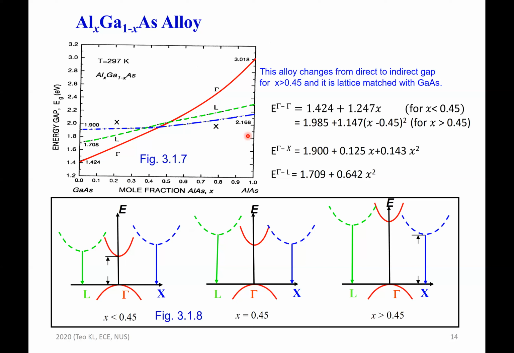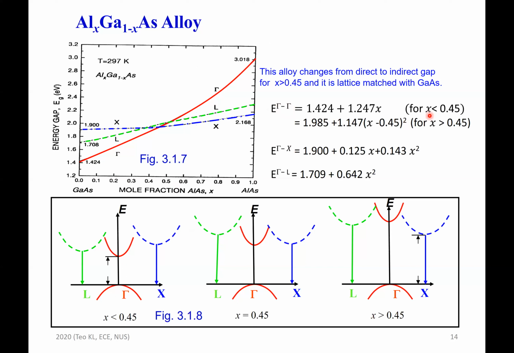There is a representation of the equation here: E gamma dash gamma. The first gamma refers to the top of the valence band, and the second gamma refers to the bottom of the conduction band. So both the bottom of the conduction band and the top of the valence band occur at the same K point, which is the gamma point.